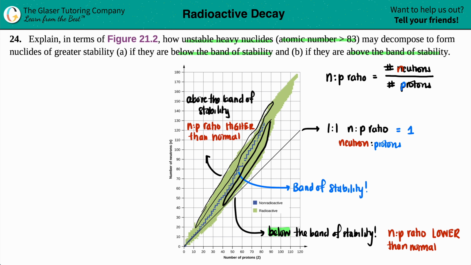In general, if you have a lower N to P ratio, if you're below the band of stability, which is letter A, so maybe I'll say low N to P ratio, that means that in order to become stable, you need to increase the value.